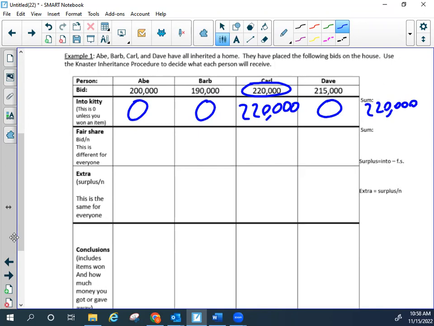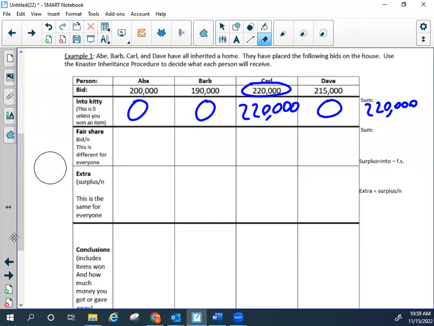The fair share depends on how much they think the item is worth. For example, Abe thinks the house is worth $200,000. Barb thinks the house is worth $190,000. So Abe is going to get more money because he values the house more. The way we get the fair share is 1 divided by the number of bidders. So in this case, that's 1/4 times their bid.